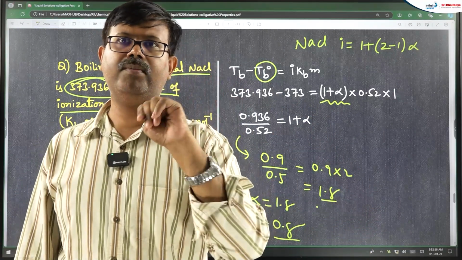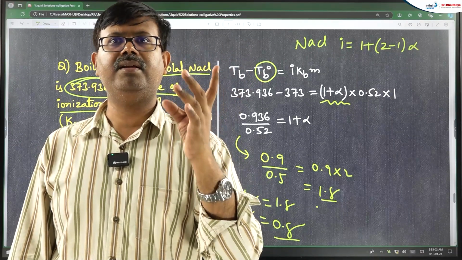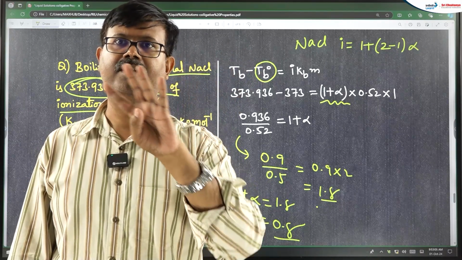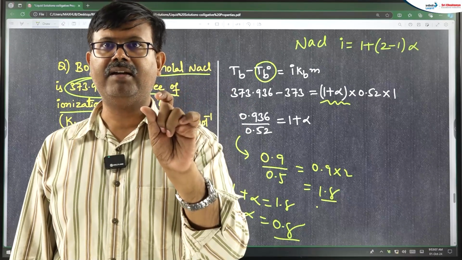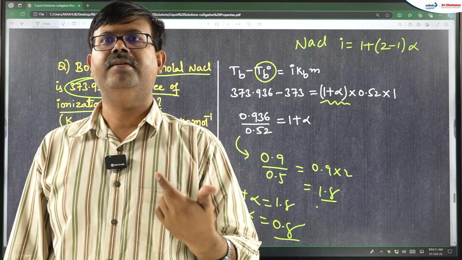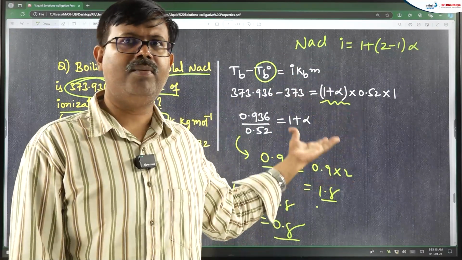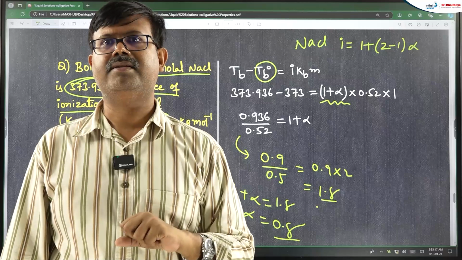There are only 4 formulas: one for relative lowering, second for elevation of boiling point, depression of freezing point, and osmotic pressure. In all 4, take the Van't-Hoff factor and remember how to find it. This is also very important. Just apply the formula and substitute, you will get the answers.